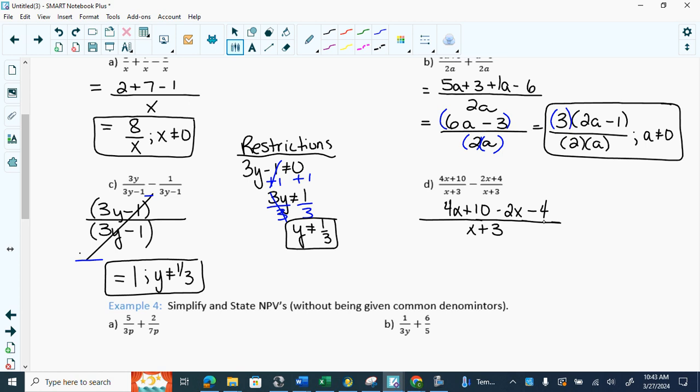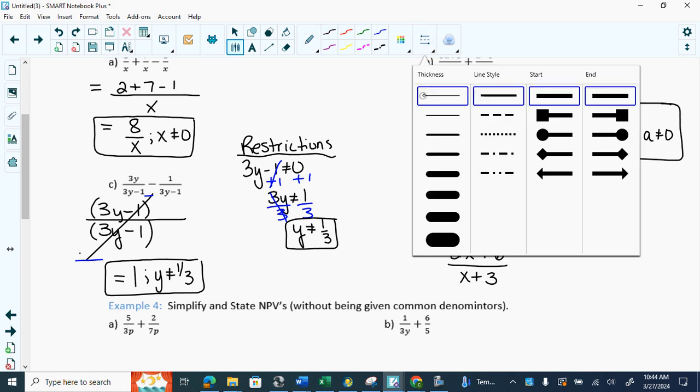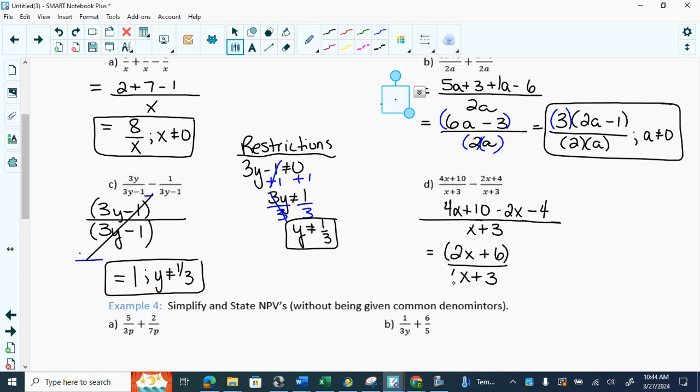Okay. 4 xylophones minus 2 xylophones is 2 xylophones. 10 nothings minus 4 nothings is plus 6 nothings over x plus 3. Then obvi I'm done. No. What can I do? I can take out a 2, because I can look at the humans at the end and say, oh, I can take out a 2. Then I'm left with x plus 3. Oh! And an x plus 3. Oh! And I can cancel them up.